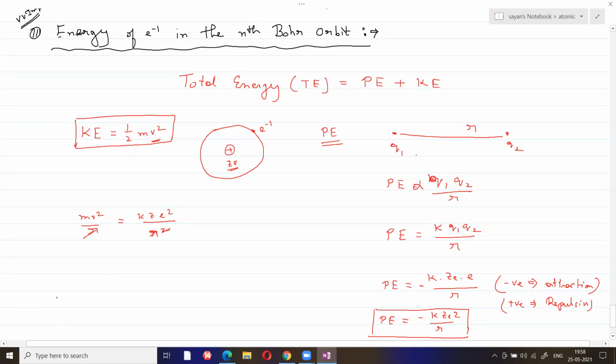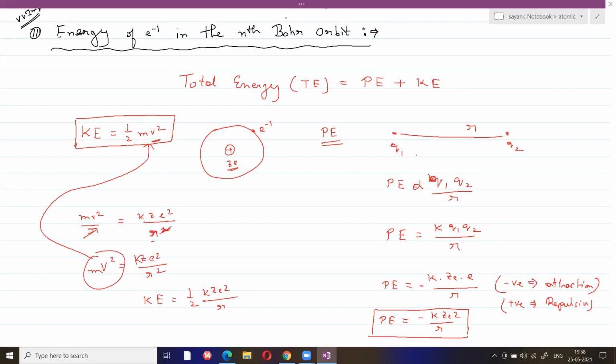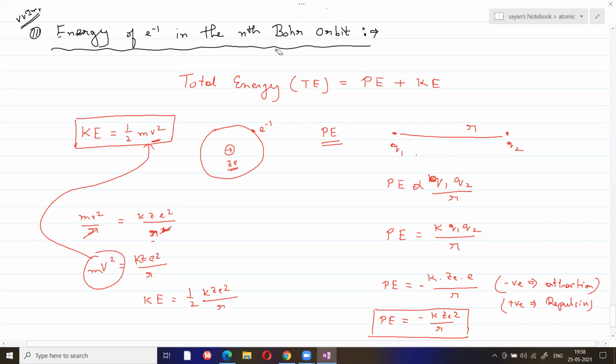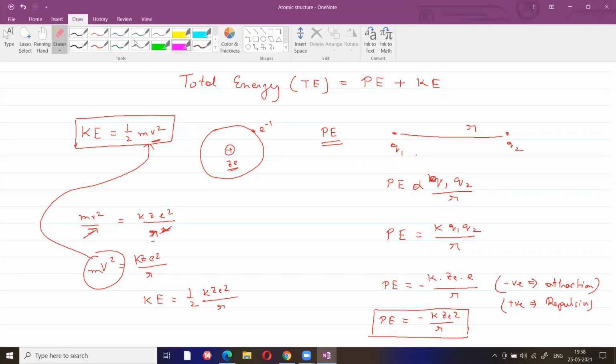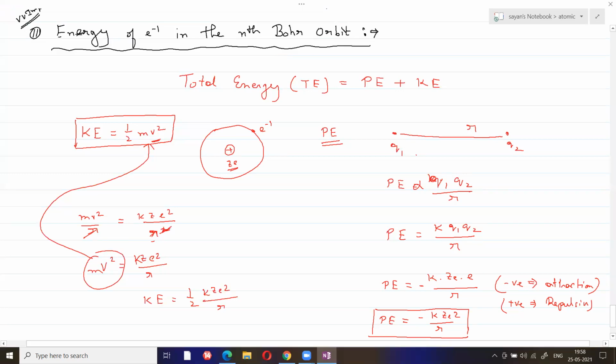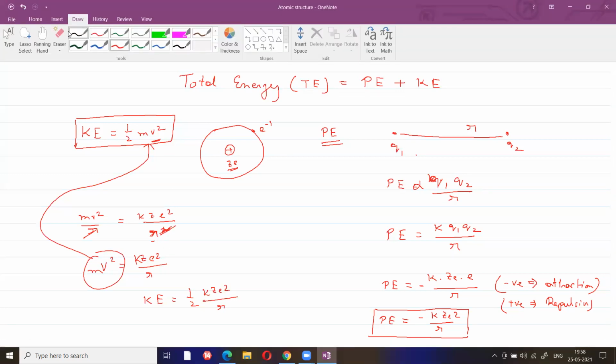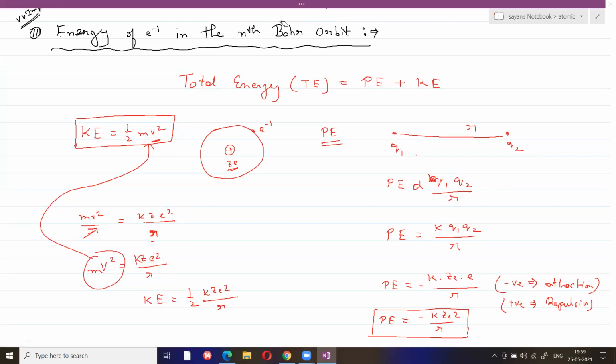So if you remove this R, mv squared becomes kZe squared by R. Now if you put the value kZe squared by R here, kinetic energy becomes half of kZe squared by R, because the R and R cancel each other. Just a minute.